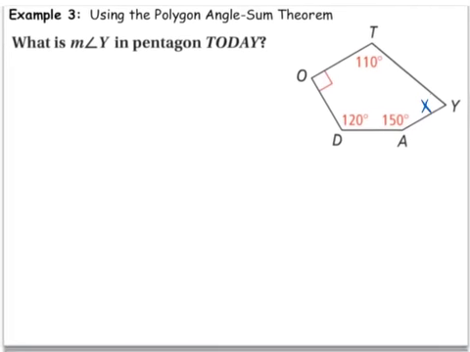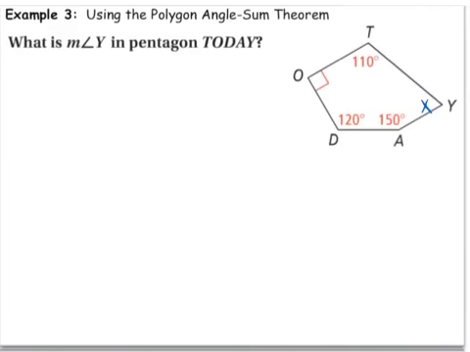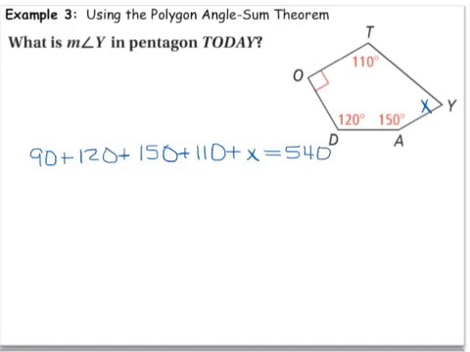So let's add up all the angles, starting with the right angle of 90 degrees, plus 120, plus 150, plus 110, plus our unknown angle, which we're calling x. They should all sum to 540. Now, by combining like terms, we have 470 plus x equals 540. Subtracting 470 from both sides, x is equal to 70 degrees.